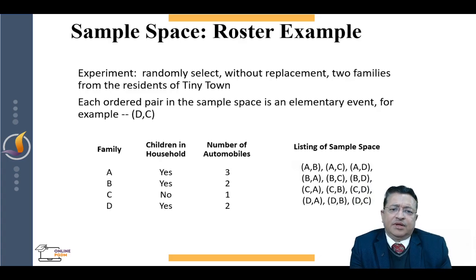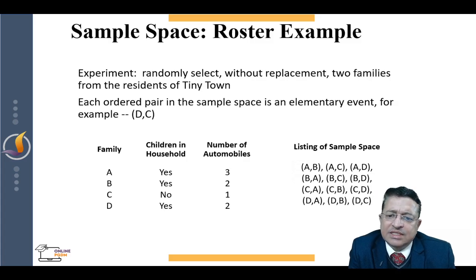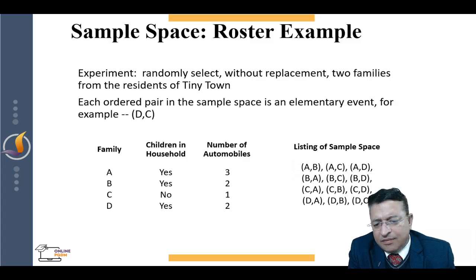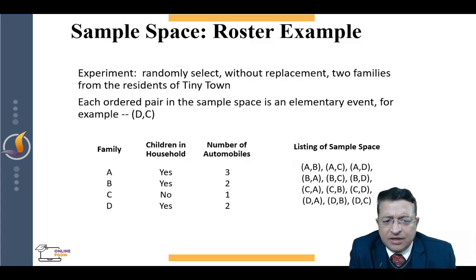Now, for example, we have this kind of data on different families, the number of children in that particular household, and how many automobiles. For example, we randomly select, without replacement, two families from the residents of this tiny town.